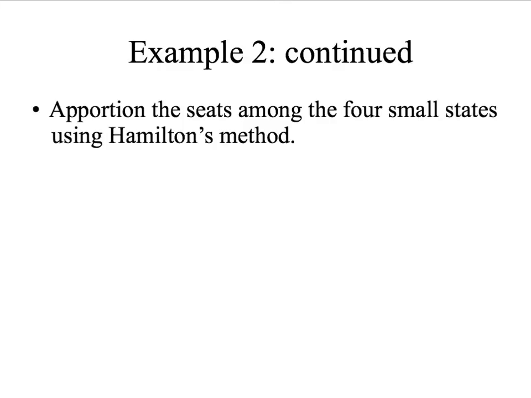So using that same example, we're going to use Hamilton's method to apportion the seats. So I'm going to write the quotas up here that we just found.